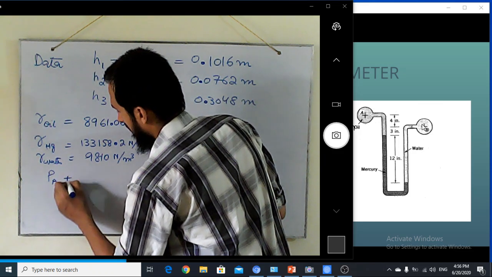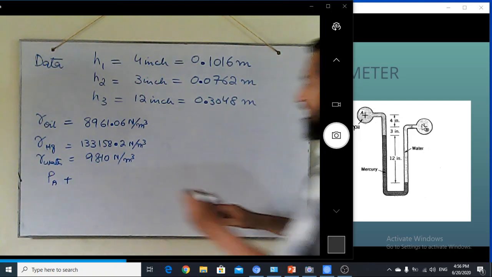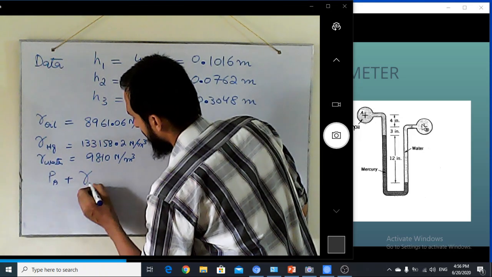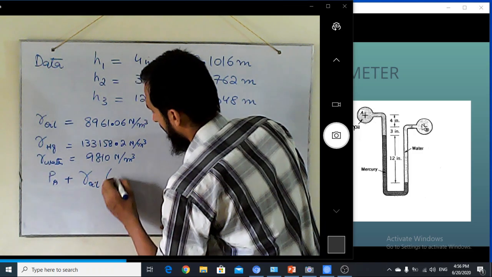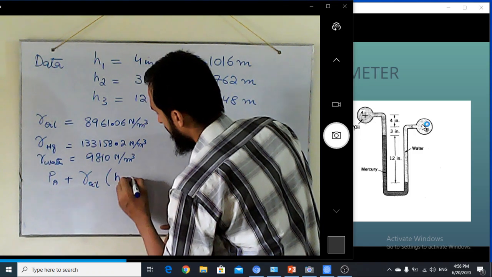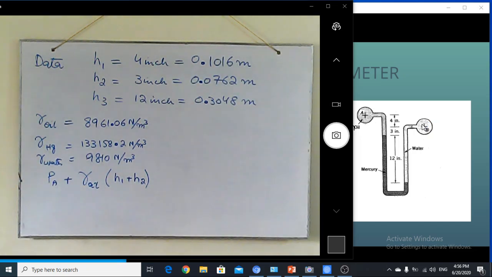Then there is a height h1 and h2, both covered by the fluid oil. So I multiply the specific weight of oil by h1 plus h2, because both these heights are covered by the oil.